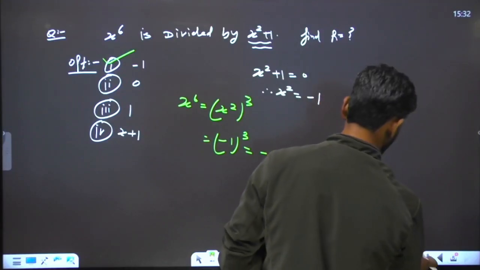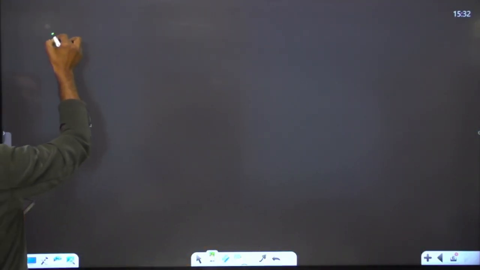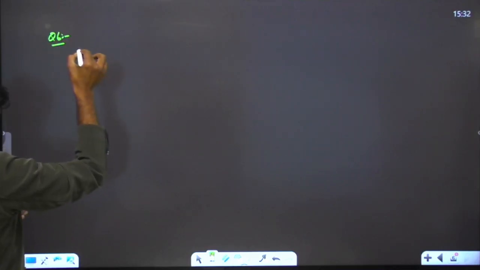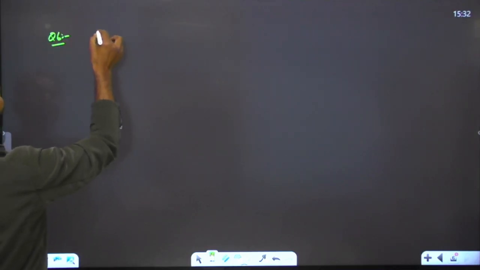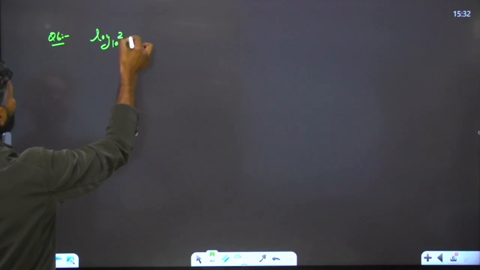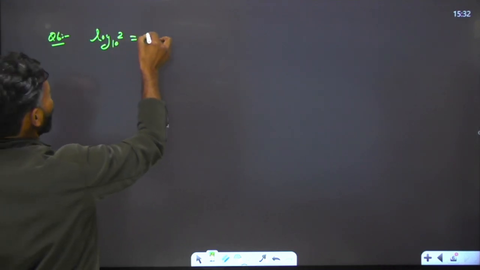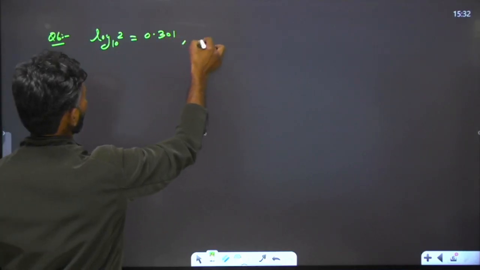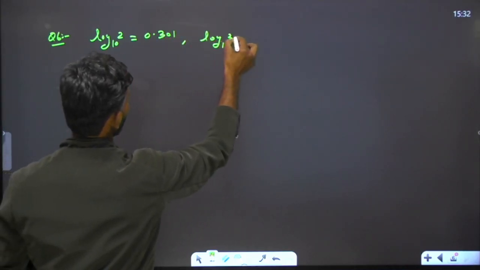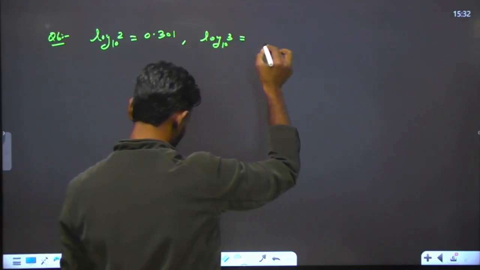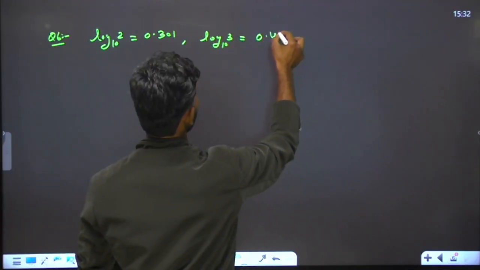Now there is one more question. This is question number 6. It is said that log 10 base 2 equal to 0.301, log 3 equal to 0.477.